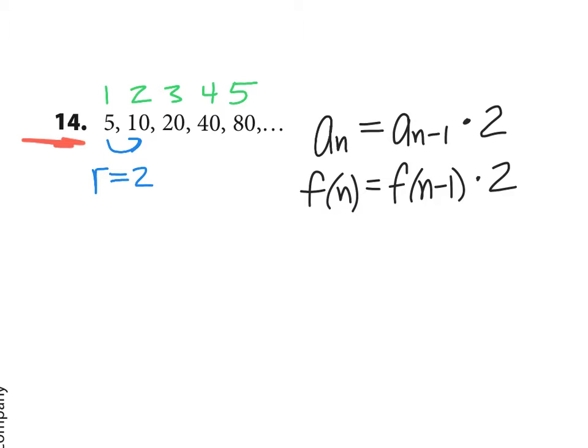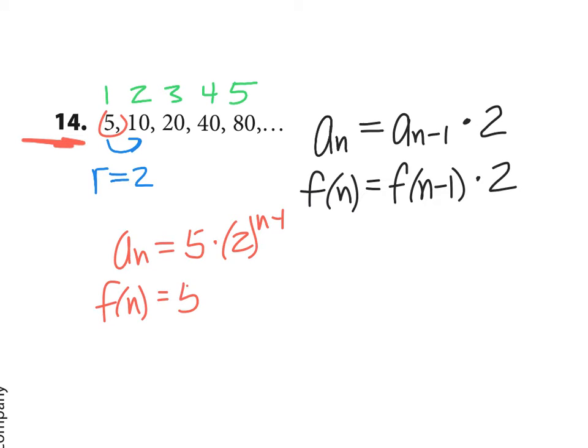Explicit rule, remember, is a sub n equals your first term, which in this case is 5, times r to the n minus 1 power. Or again, if they want function notation, f of n is 5 times 2 to the n minus 1 power. So same exact problem as the previous one, it's just presented a little differently.